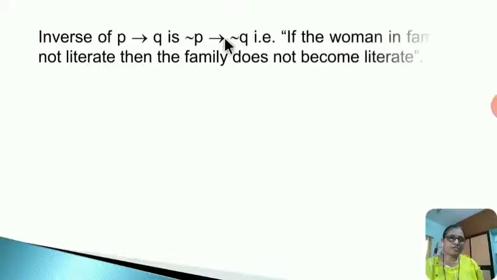Inverse of P implies Q is negation P implies negation Q. That is, if the woman in the family is not literate, then the family does not become literate. See the inverse of given statement here. If the woman in family is not literate, then the family does not become literate.